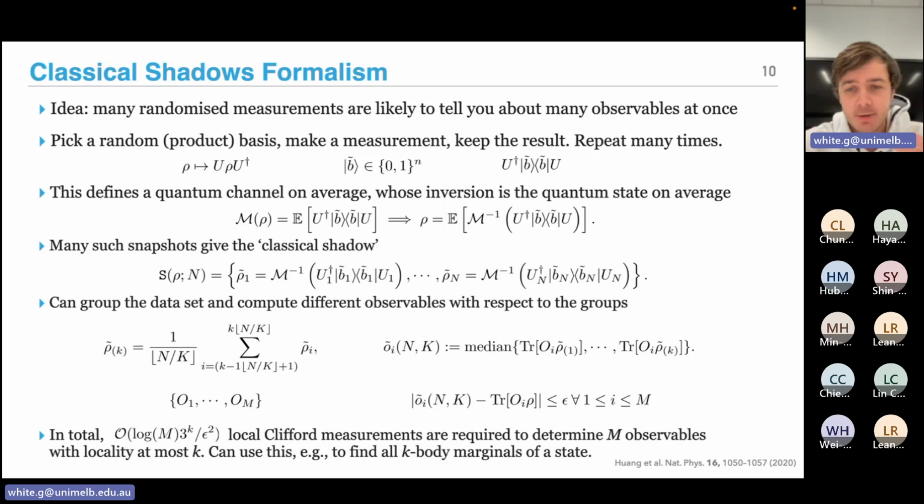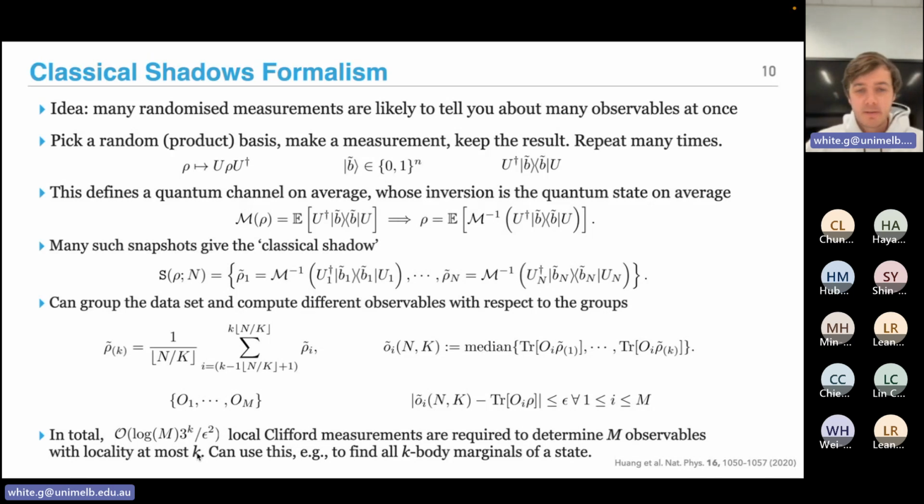If I have m observables that I want to determine on my quantum state, then I can estimate these m observables by computing them across my data set. The statement is that of order log m times 3 to the k over epsilon squared local measurements are required to determine m observables with locality at most k.